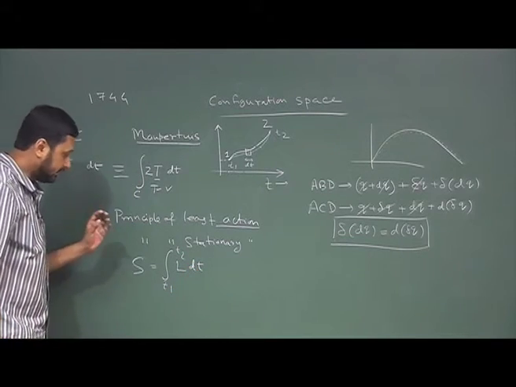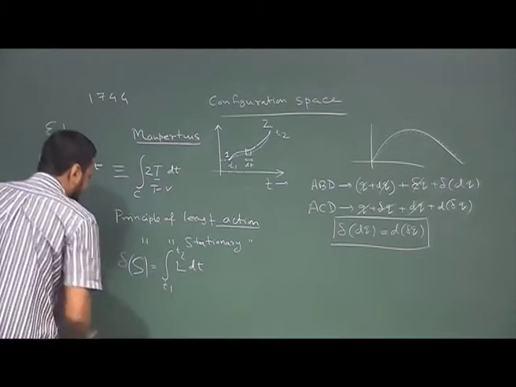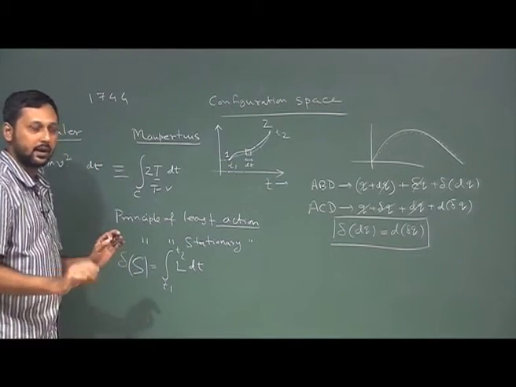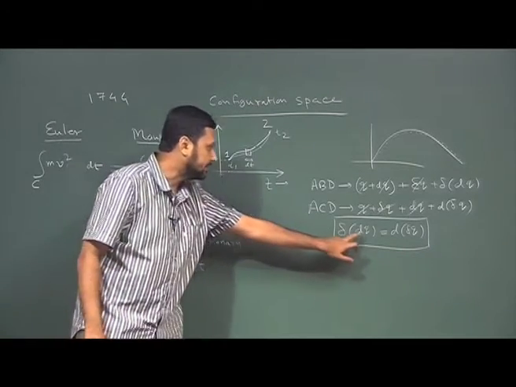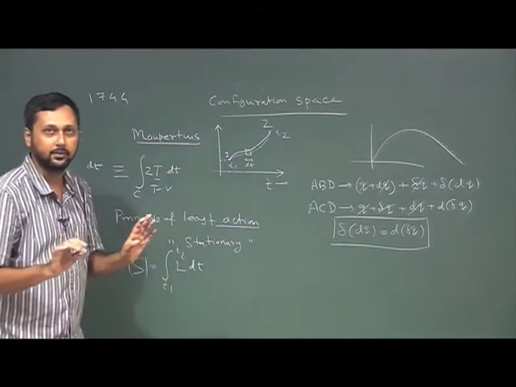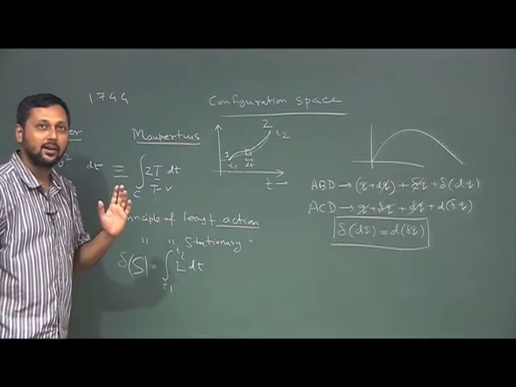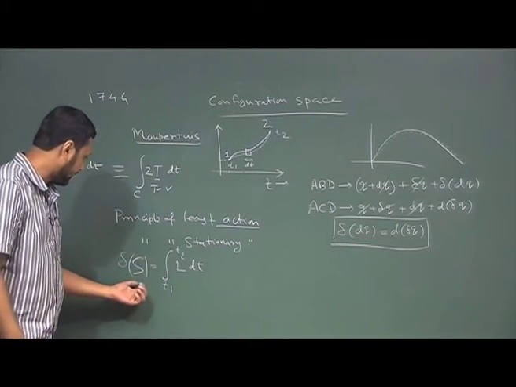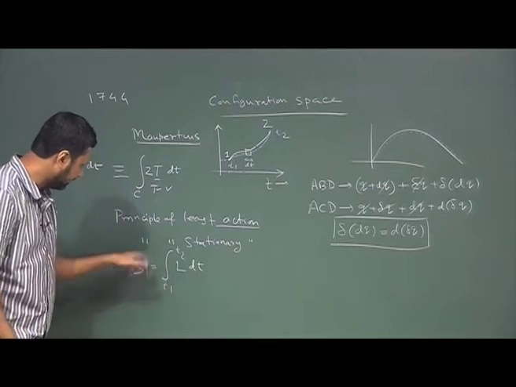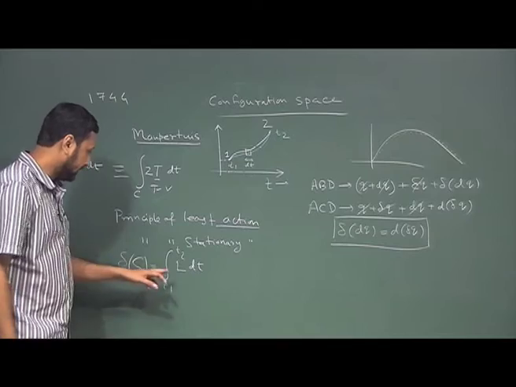A system will take a path along which the variation of this action is equal to 0, and we see that this delta operation, the variation operation, is interchangeable with the derivative. It is very much like a derivative action. That means the system finds a path along which action is minimized. Action is also a function; after this integration it remains a function of certain parameters.